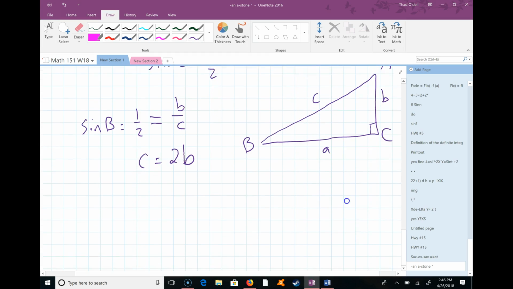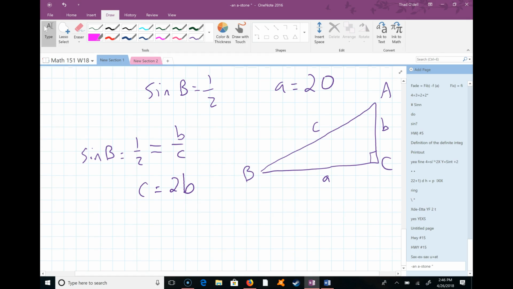So then we take that into consideration with the fact that it tells us a is 20. So if I replace this with 20, and I know that c is the same thing as 2b, I could replace that c with 2b, because it says right here that c is equal to 2b.